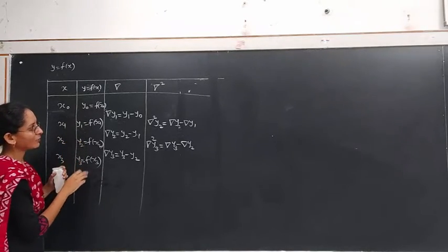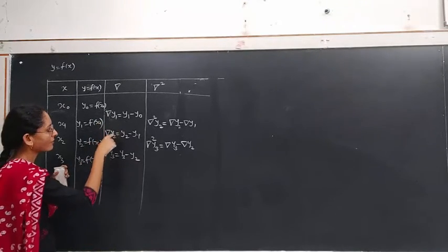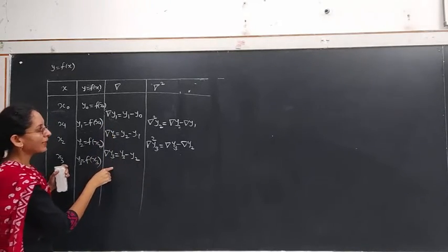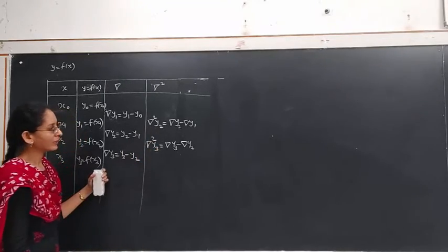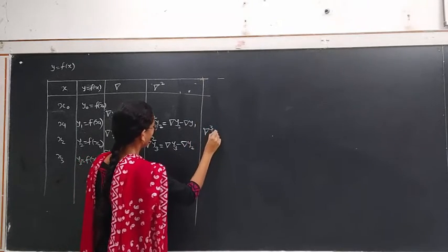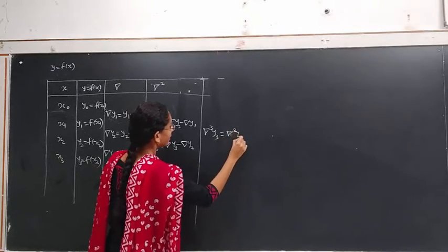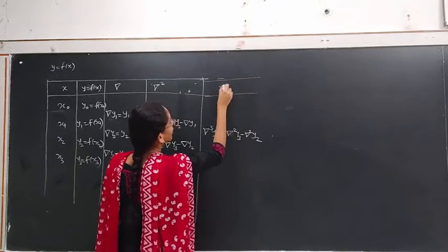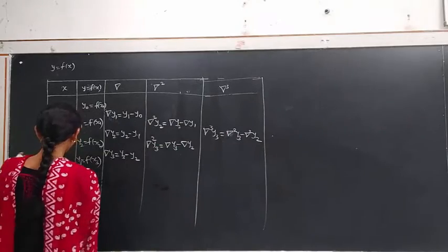If we use these values, then we get first order backward differences at the points y1, y2, y3. In the next column, we will use these values to get values of second order backward differences at the points y2 and y3. And in the last column, we get del cube y3 is equal to del square y3 minus del square y2. These are the third order backward differences.